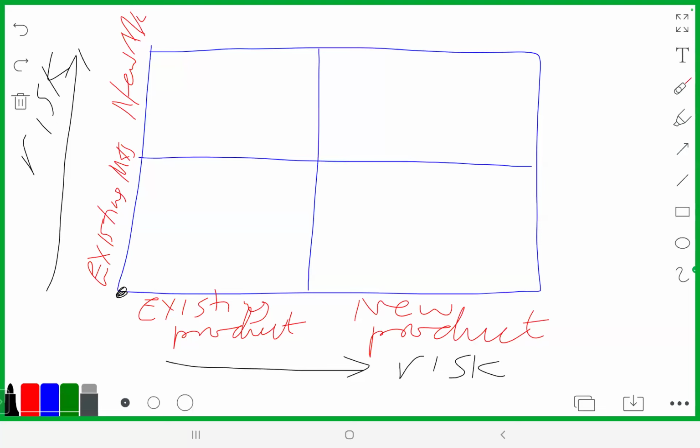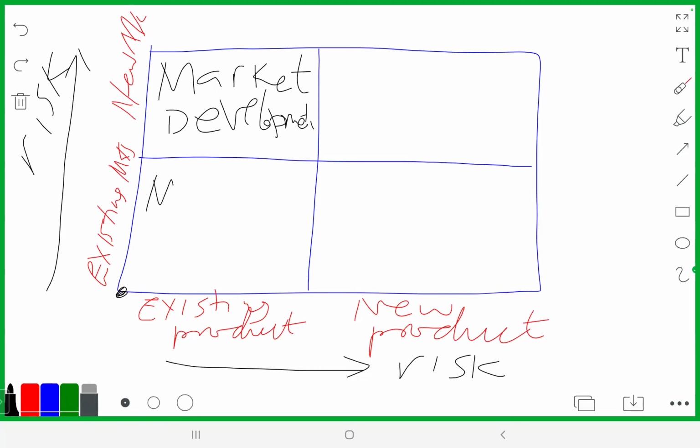So what are some of the options that are available? Number one, there is market development. Here you have market development as the first strategy. And from market development, you can also have a focus on market penetration down here.